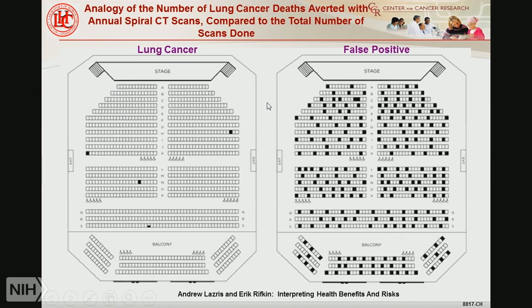And out of 1,000 people that were screened over a 5-year period, there were three people who actually were diagnosed with lung cancer. But look at all the people that had false positive rates. And this causes a lot of anxiety and lots of overdiagnosis.